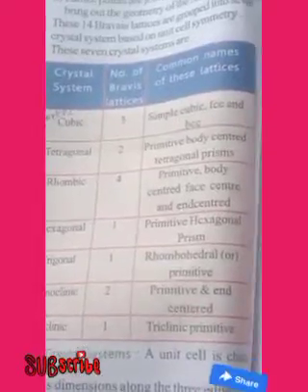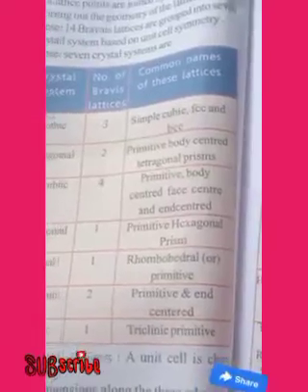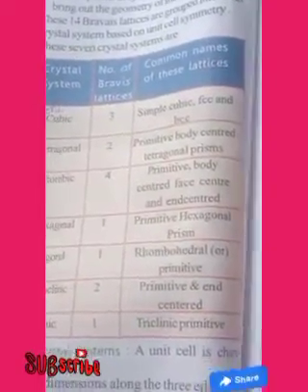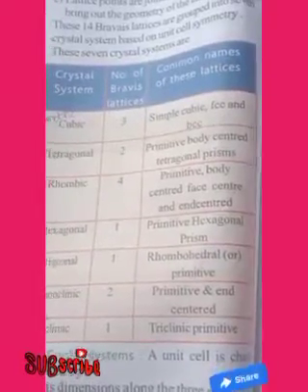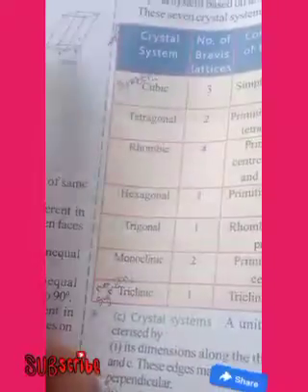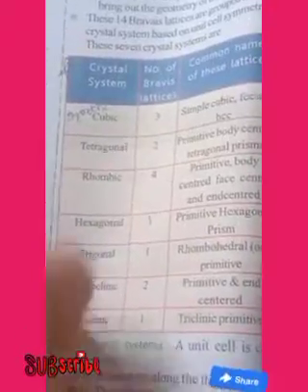These 14 Bravais lattices are grouped into 7 crystal systems based on unit cell symmetry. These 7 crystal types are 1, 2, 3, 4, 5, 6, 7.